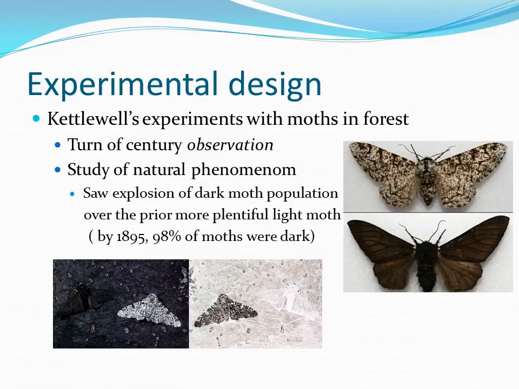If you had a dark moth on a dark tree bark, they would actually blend in more. And the white moths would actually stick out more, right? And you can see on the right panel, this is a tree bark that actually has more whiteness in it. So the white moth is definitely going to blend in, whereas the dark moth sticks out here. And basically, he saw that by 1895, 98% of the moths were dark.